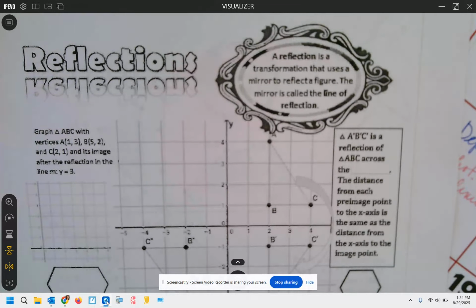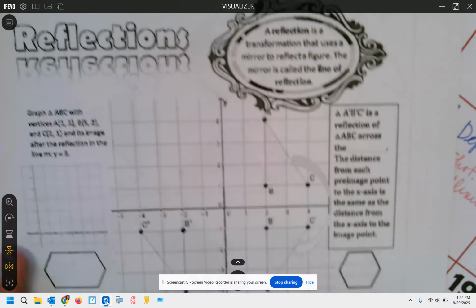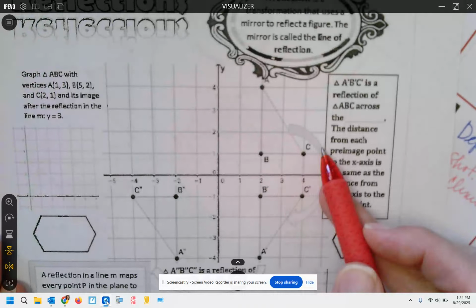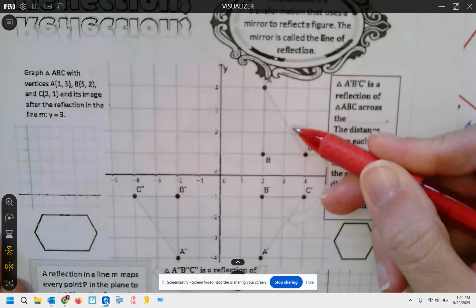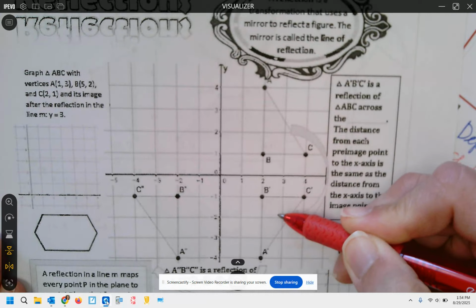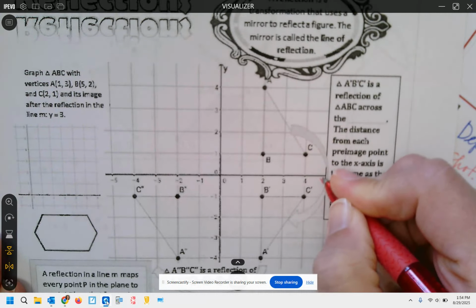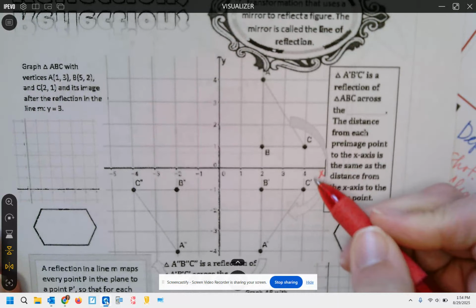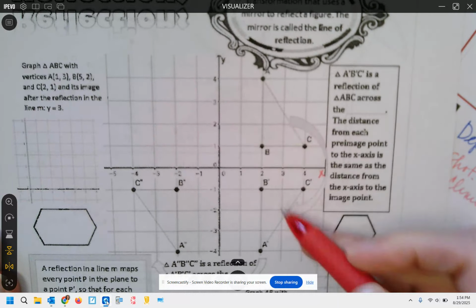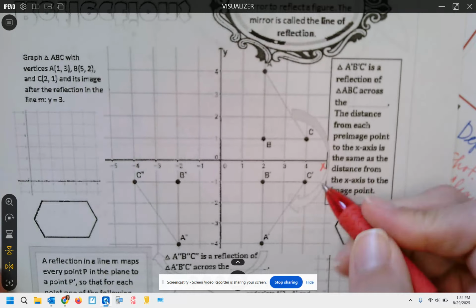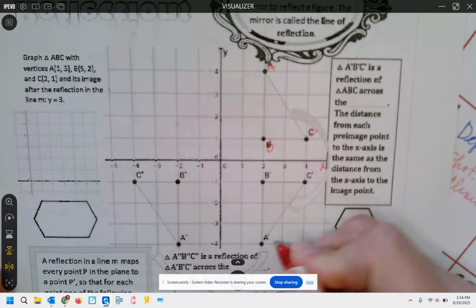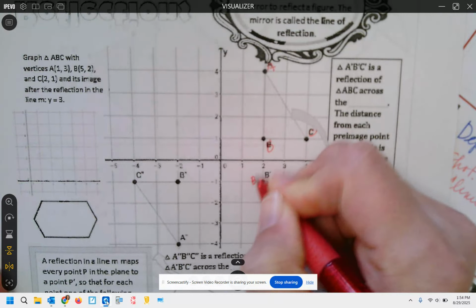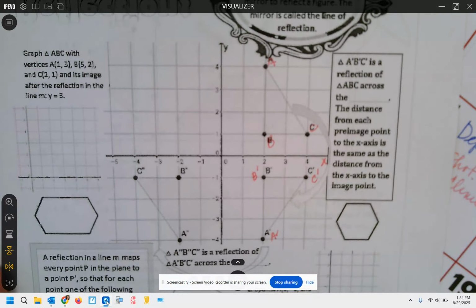If we start in the middle, we have triangle ABC. And what they're showing us here with this arrow is taking it and reflecting it, or flipping it, over the horizontal x-axis. When we do that, we go from here to here. This is what it would now look like. You can see we have A, B, C here, and then A prime, B prime, C prime here.